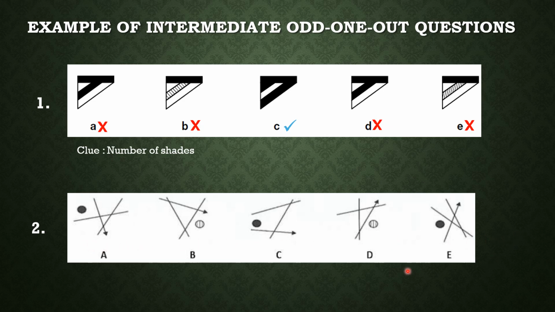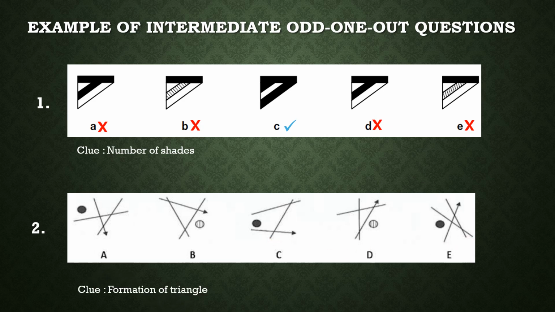Then what is the other rule followed by these examples? We can see one common pattern. All these three lines are making a triangle, a small or big triangle. However, the third figure, which is option C, is not making any triangle. That could be one clue.